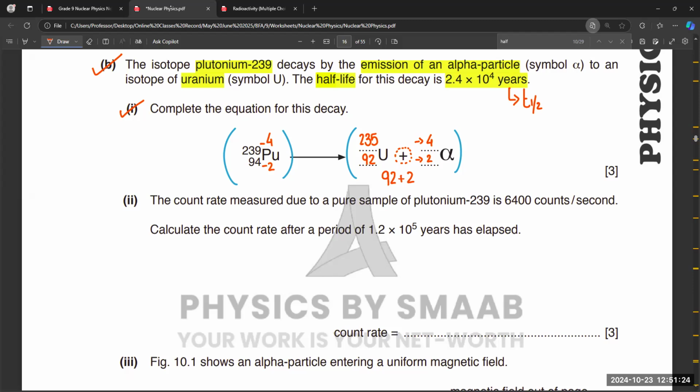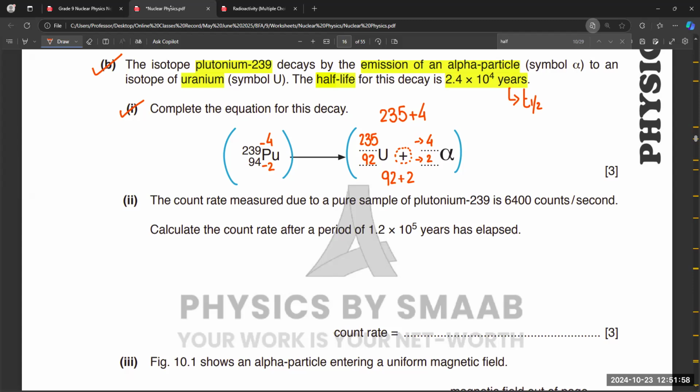In the same way, the mass number is 239. From 239, 4 is taken by alpha, and the rest, 235, is taken by uranium. So you can see the mass number and the atomic number are equal on both sides. The reactant and product are the same and the equation is balanced, right?